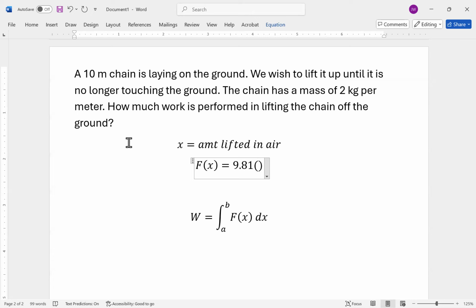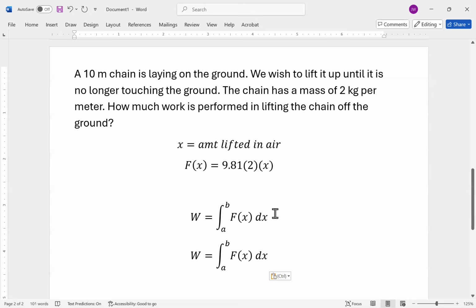So 2 kilograms per meter times the amount of the chain that is in the air, because I won't feel the weight of the chain that's on the ground yet. I only feel the weight of the amount that's in the air. So that's the whole thing. Force function is 9.81 times 2 times x.